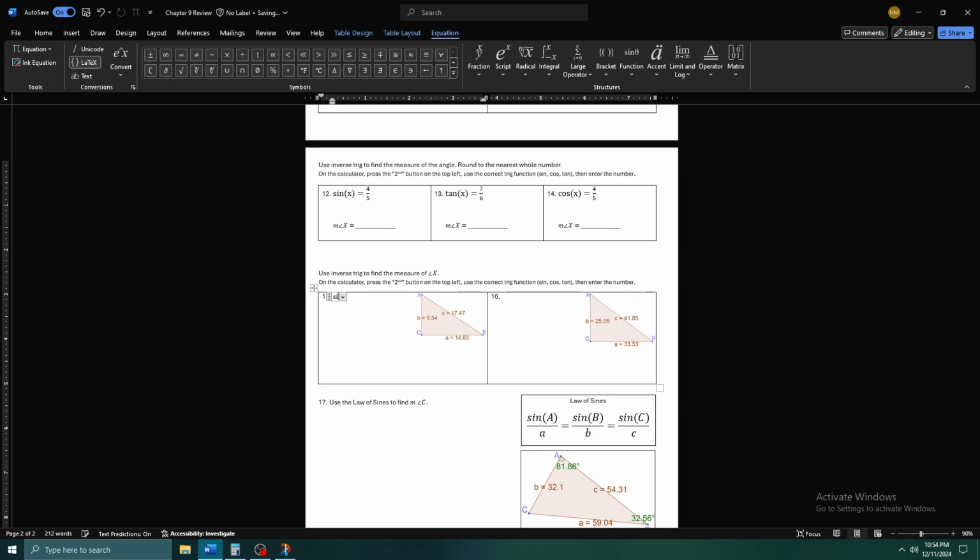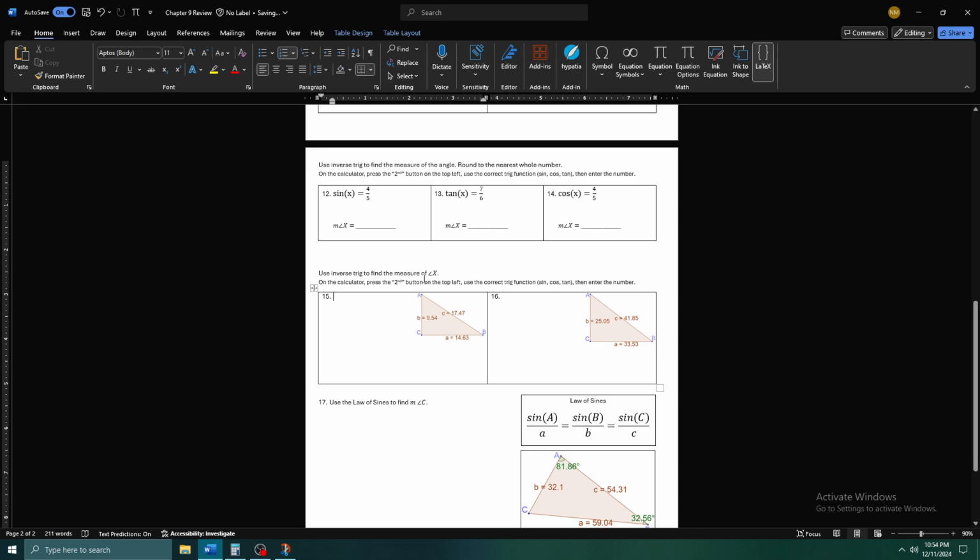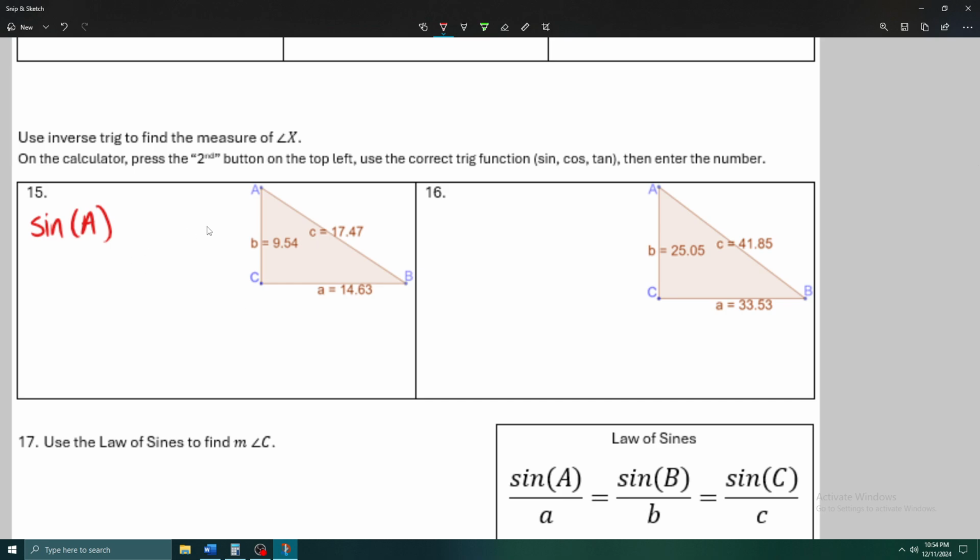Okay, I'll fix that. I'm silly. It's asking us to find the measure of angle X, and I have these ones, which are A, B, and C. I'll fix that. Don't let me forget. Instead of A, I'll have X.